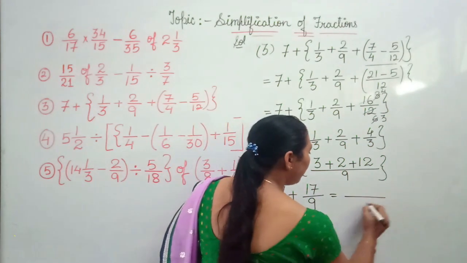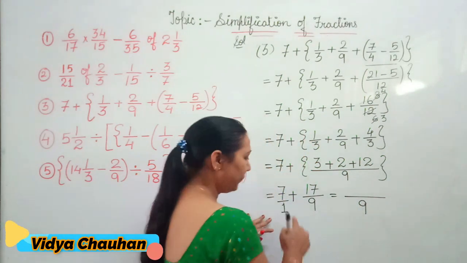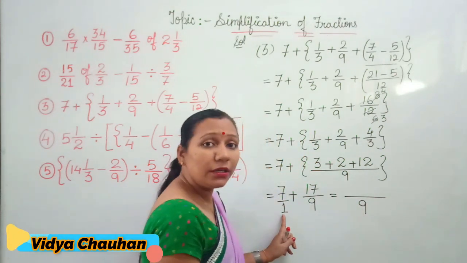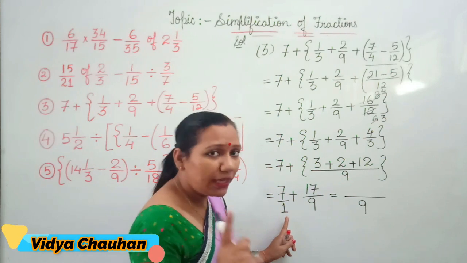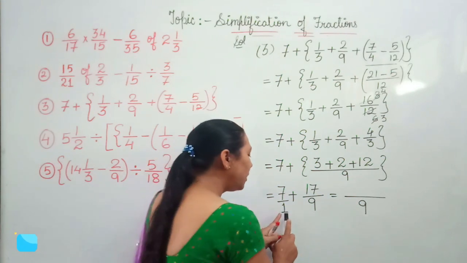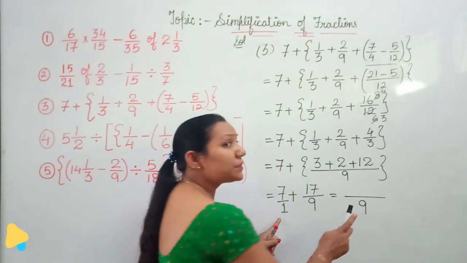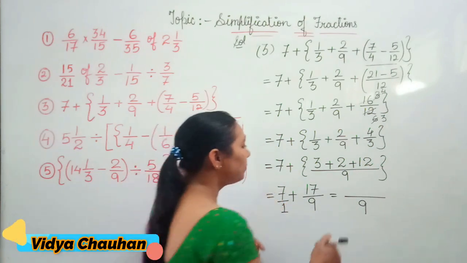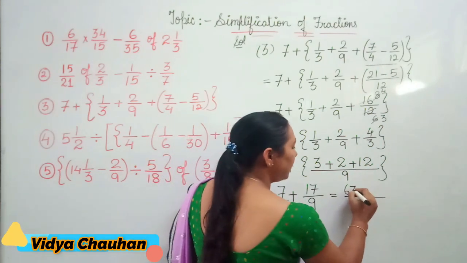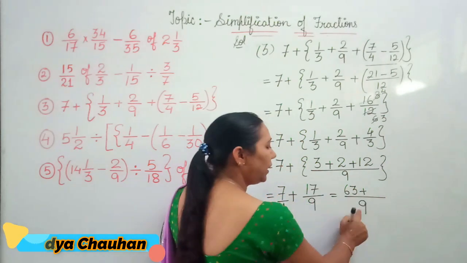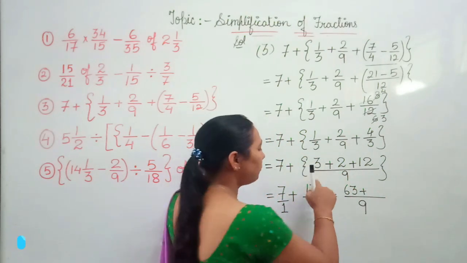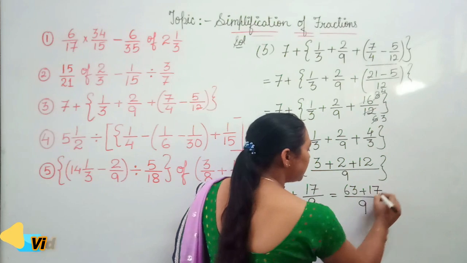Taking the LCM of 1 and 9, which is 9, divided by 1 is 9, or you can say in the table of 1, 9 comes at 9 times, and 9 multiplied by 7 is 63, plus 9 1 time is 9 and 1 into 17 is 17.